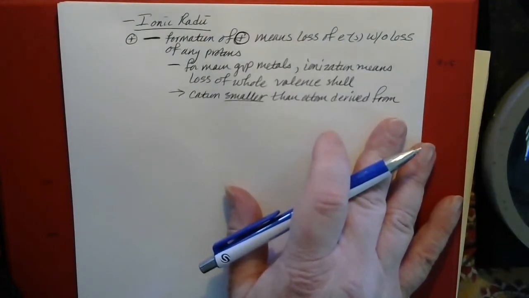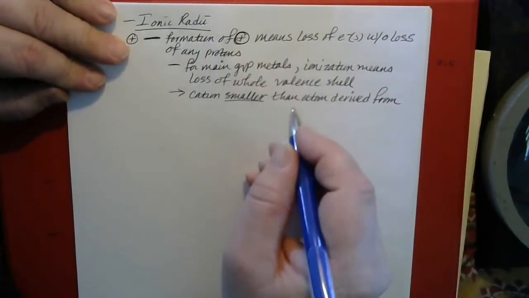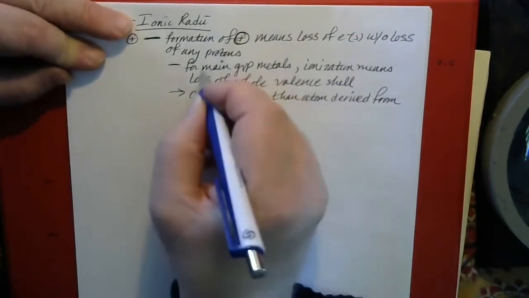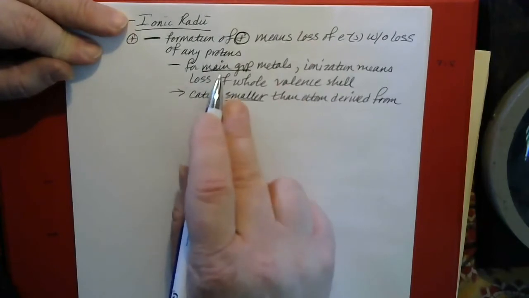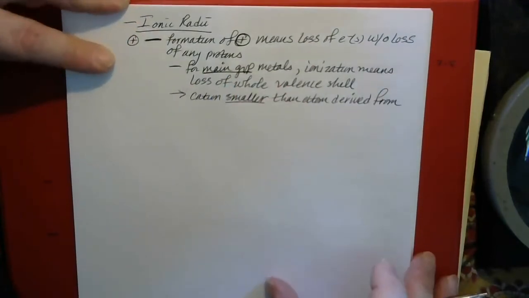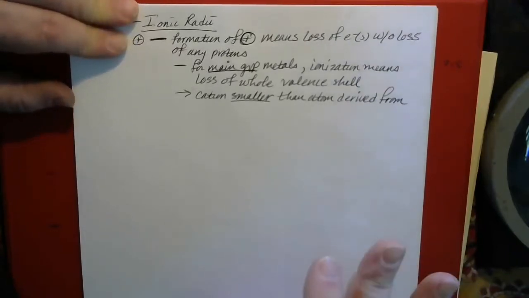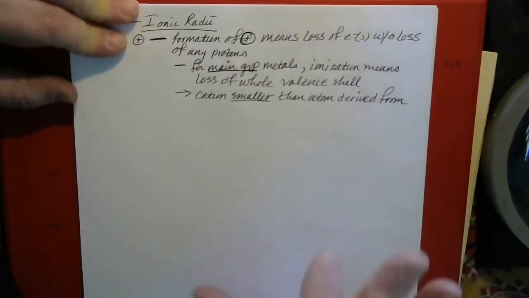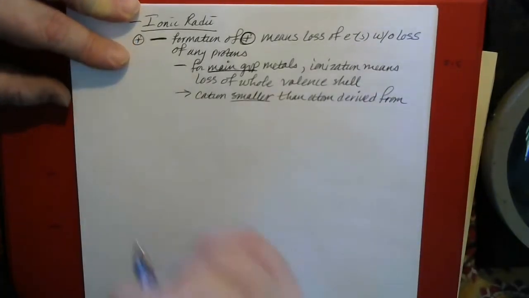If you lose part of it, that's a more complicated case, so they might actually end up getting bigger. I'm not sure about that. I'll have to look into that. So keep in mind that what we say here for the cation being smaller is for the main group metals. It's definitely true for those, but it could sometimes not be true for the transition metals. So we'll stick to the main group metals for now.